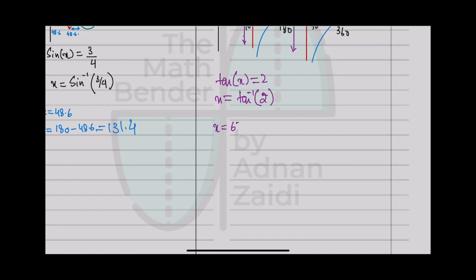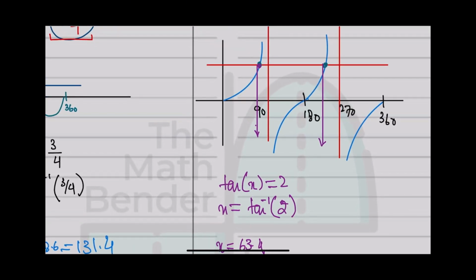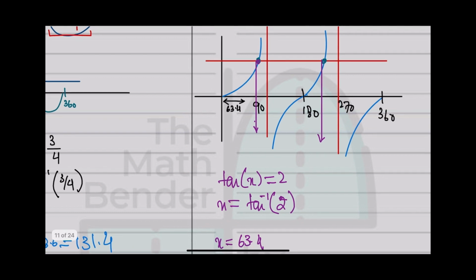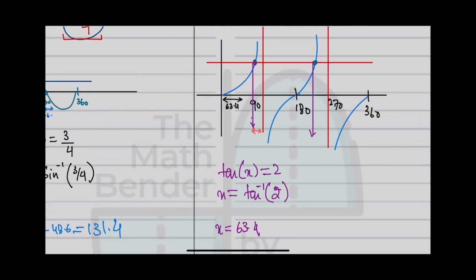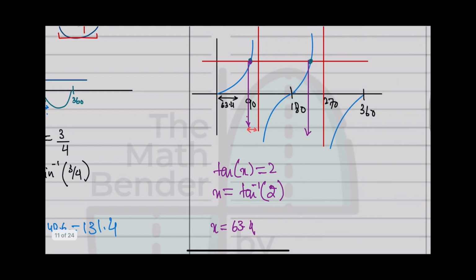So x is 63.4 from here. This value here until the point of intersection is 63.4. But what I would like to have is this difference. So it's going to be 90 minus 63.4. And you can say it's 26.6.